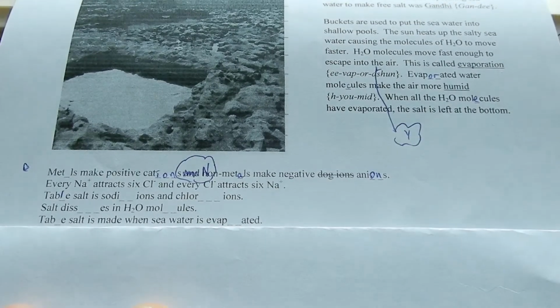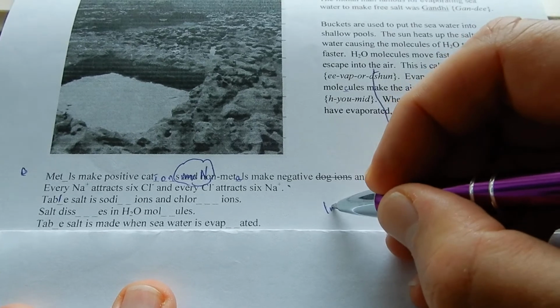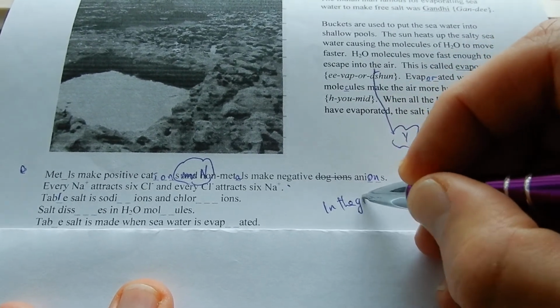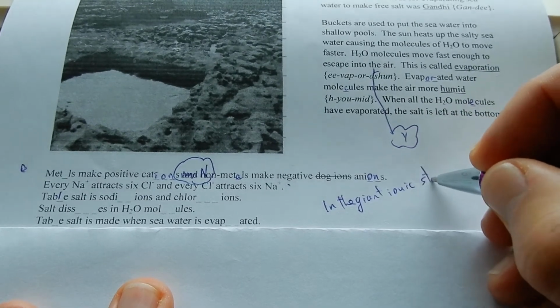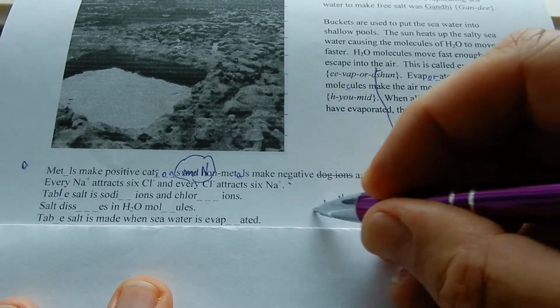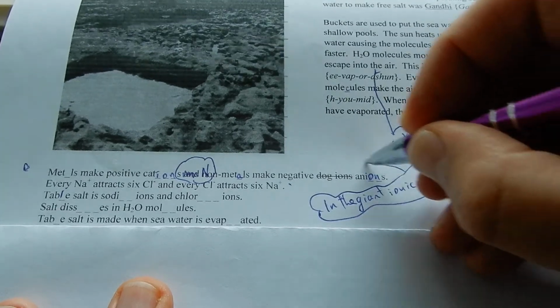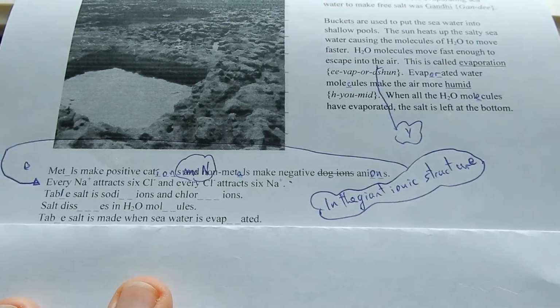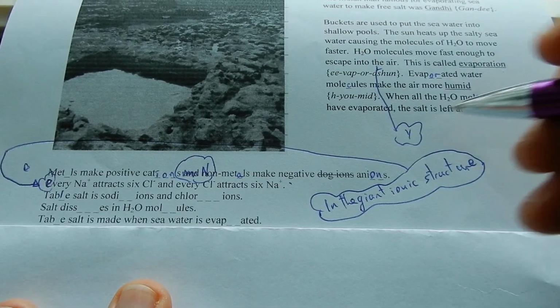Table salt is sodium ions and chlorine ions.